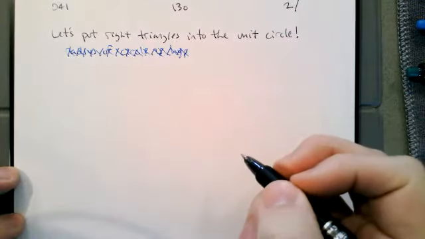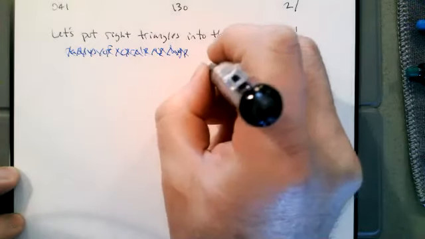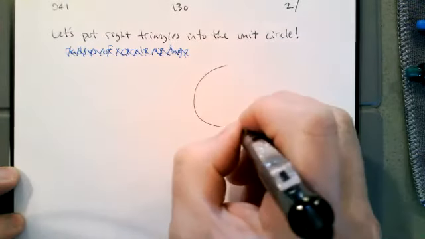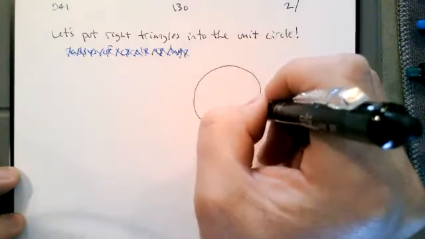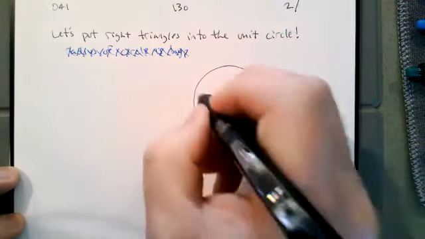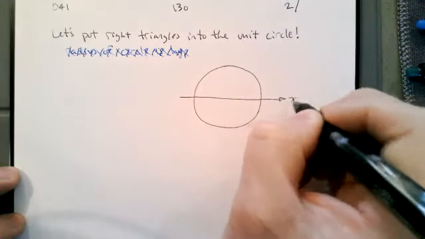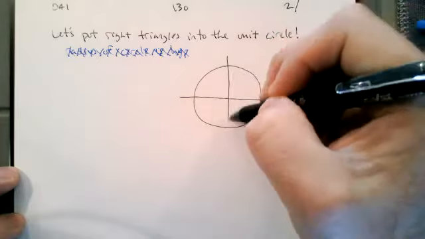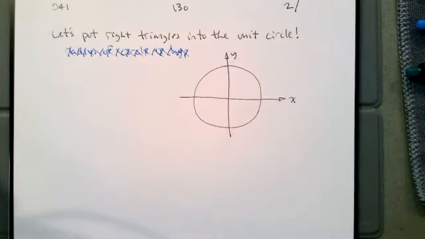Here's how we're going to put right triangles into the unit circle. Let's go and draw a unit circle again. So we have an angle.